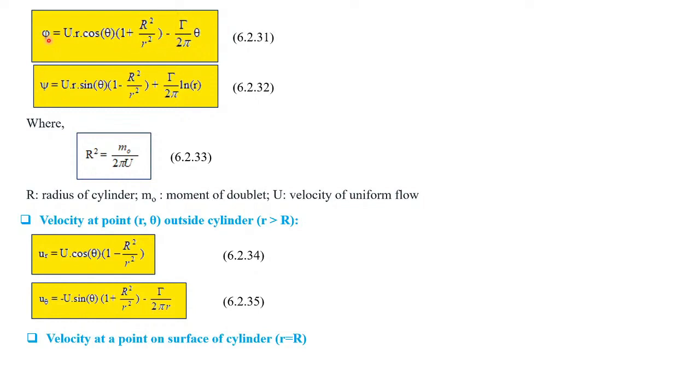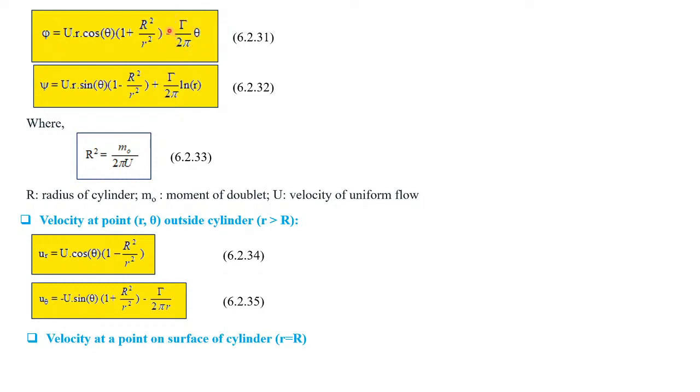So finally, you can get the potential function. This is the potential function for the uniform flow around the circular cylinder, and we add this, which is the free vortex.